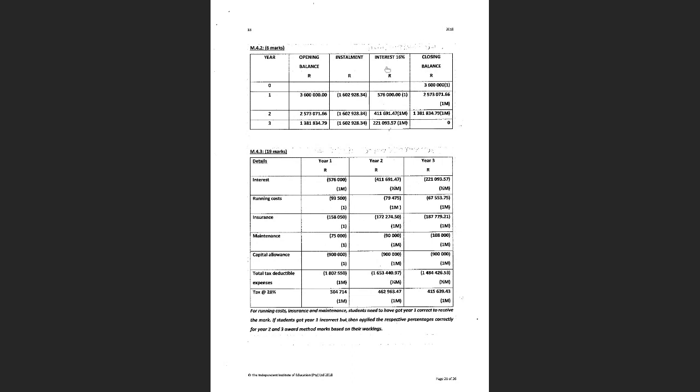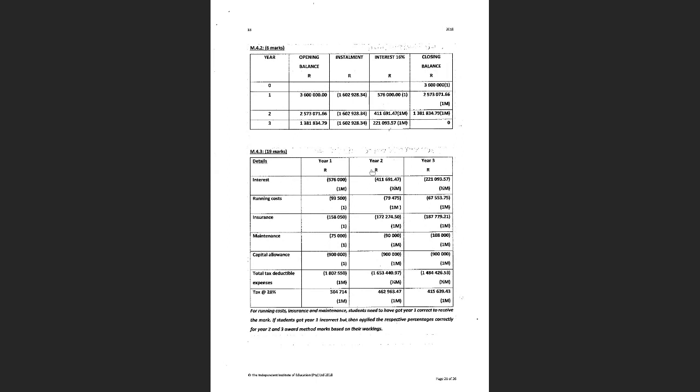Write it down on your paper right there so that you don't use the incorrect percentage. And then for each year, you're going to take opening balance multiplied by 16% equals my interest cost. And then the difference between the installment and the interest is the amount that you will reduce the closing balance by. Okay, so I'm not going to explain to you how to do amortization tables. I'm sure you know how to do that now.